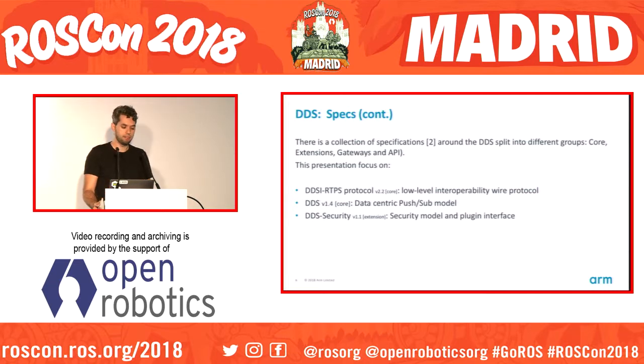Then the DDS high level specification, which gives the information how the data is communicated. And finally, the main specification for us is the DDS Security, and that gives all the details about the model and the plugin interface.